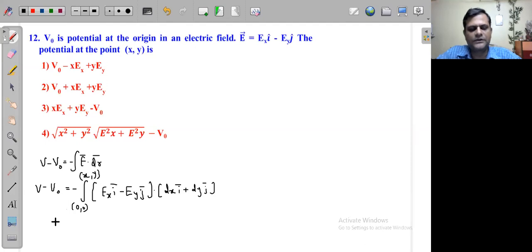Okay, so if you just work this out, then V minus V naught comes out to be simply equal to minus as it is. And if we just open this bracket, that means if we just carry out this dot product here, in the dot product we already know that Ex just gets multiplied with the I bar only, sorry, dx only, and Ey just gets multiplied with dy here, and this is to be integrated again from 0 0 to x y, no doubt.